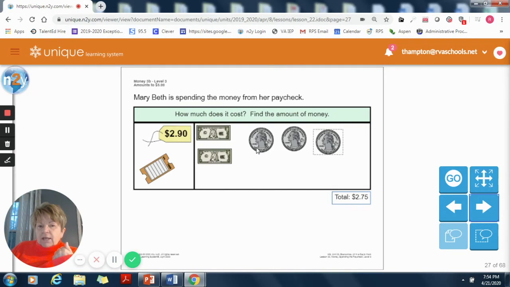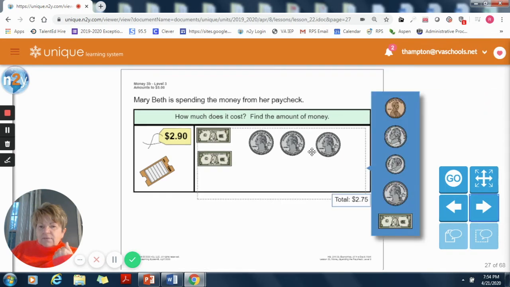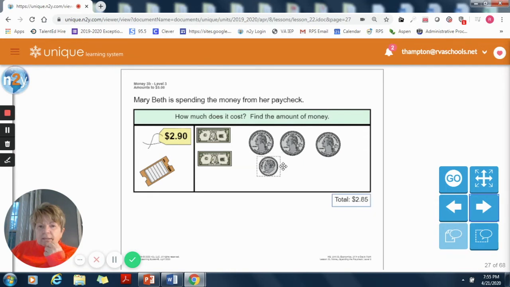So 5, 10, 15, 20, 25, 30, 35, 40, 45, 50, 55, 60, 65, 70, 75. So we're at 75, $2.75. Now we get to 90. So if we put in 10 cents, gives us $2.85.